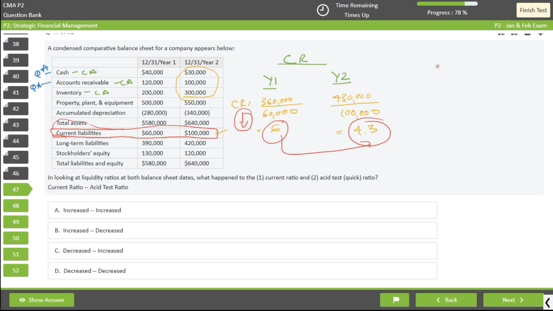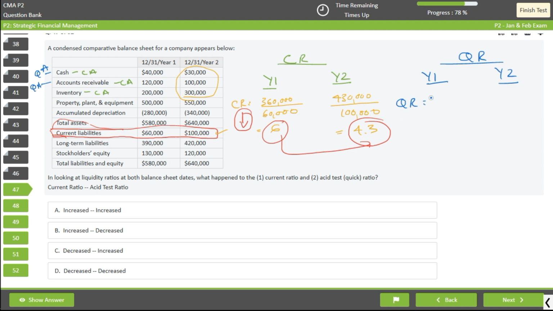So now let us do the quick ratio for year 1 and for year 2. So what is quick ratio? We have cash and accounts receivable.